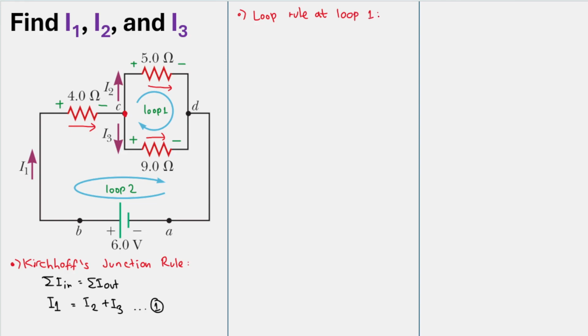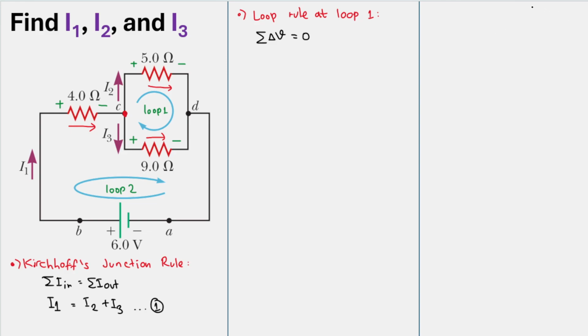Okay, the loop rule says that the sum of the voltage in a loop will equal 0. Or actually in physics we usually use this symbol, the difference of potential. And remember that the voltage is current times resistance.